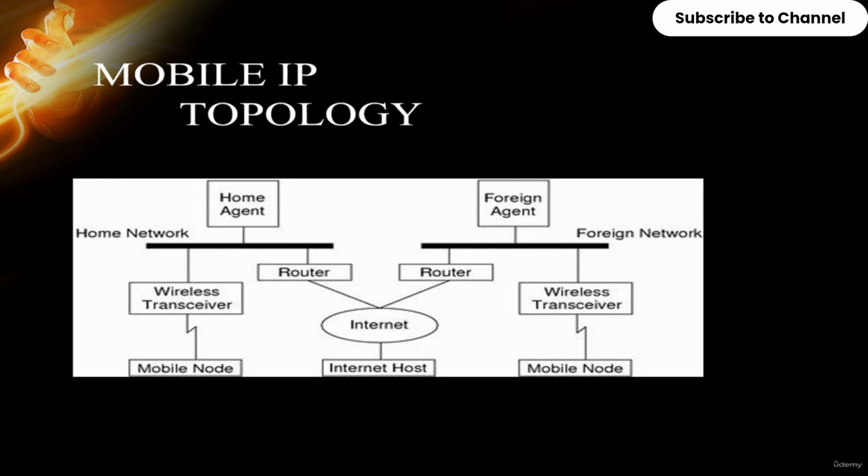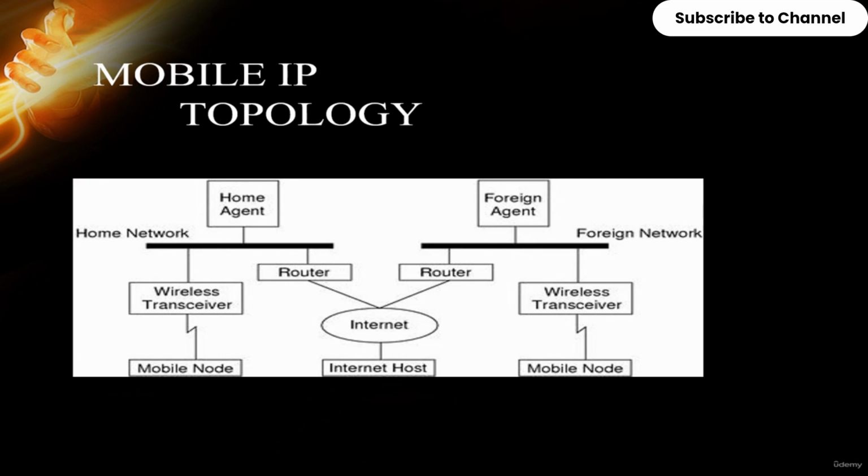If your mobile node is moving on to the foreign network, to the foreign agent, that is, you are moving from home to college or hostel or any foreign network, then the home agent forwards the datagrams to the foreign network through the foreign agent. Here it happens with the help of routers and the internet host.